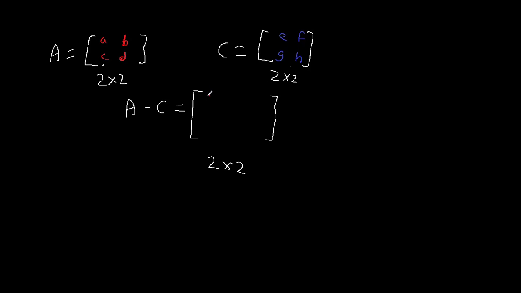Well, we're going to end up with our values from matrix A, so A, B, C, and D. Because we're subtracting, we're going to put subtraction here. And then we're going to bring in the values from matrix C, so E, F, G, and H. So that's how subtraction works. Very similar to addition. We're just swapping the sign. Instead of adding, we're subtracting.